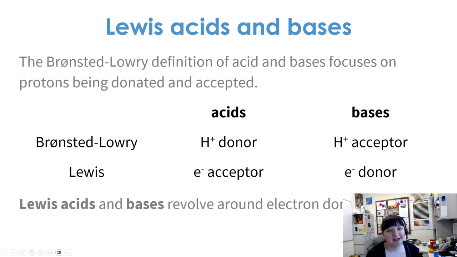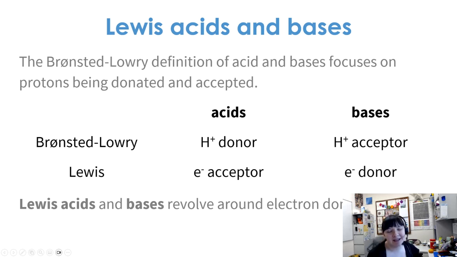One of my silly mnemonics that I use to remember the different definitions applies for a Lewis acid: because it starts with L, I think of L electrons, and acid starts with AC, so acceptor. So I use Lewis acid is an electron acceptor as my primary mnemonic device, and then everything else branches out from there.